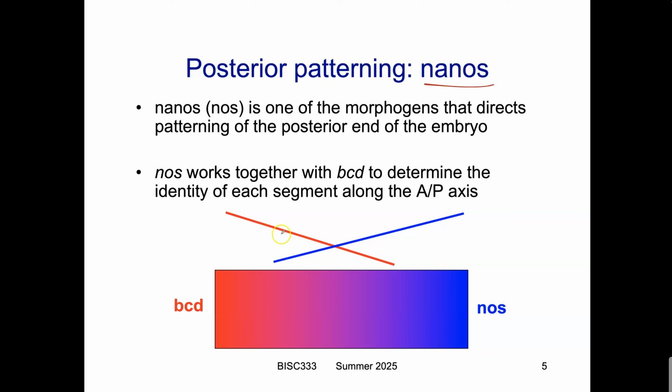And if you look along the intersection of these two gradients, you see slightly different shades all the way along, which is meant to indicate different levels of relative amounts of bicoid versus nanos that all along the embryo from the anterior to the posterior basically provide information to the cells that end up there about what exact position they hold in the embryo, and therefore what structures and what kinds of tissues are going to be developed, and therefore what genes are going to be expressed. Let me just erase that dot.